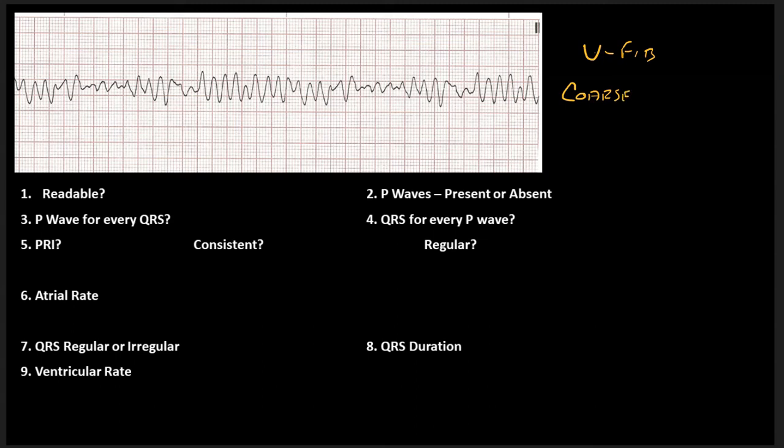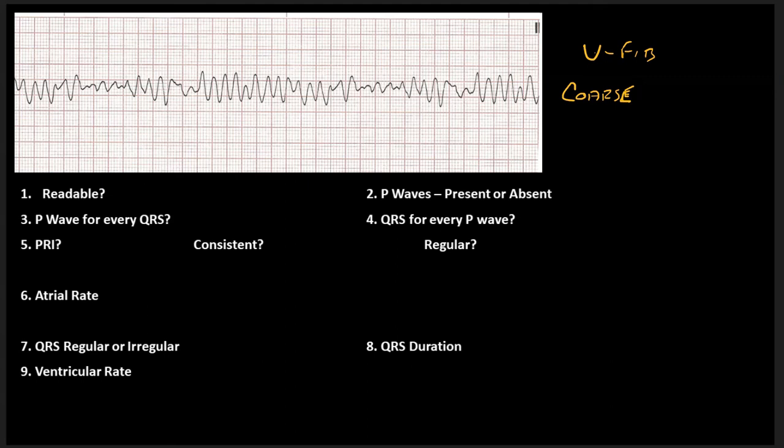When you get into this more coarse V fib, this is going to respond to defibrillations, to countershocks, more frequently and much better than we will find with a fine V fib. So again, doing bystander CPR for a couple minutes usually converts it from a fine V fib to a coarse V fib, which then responds better to defibrillation.